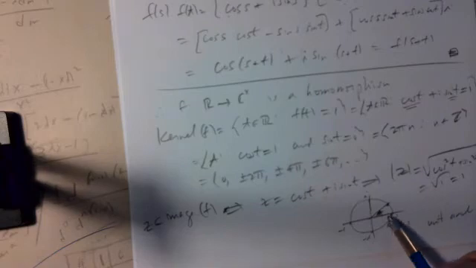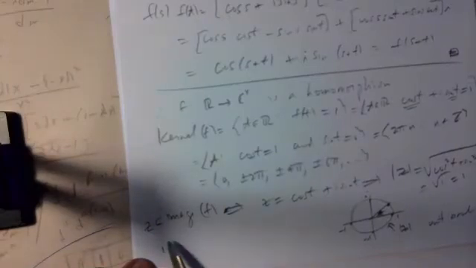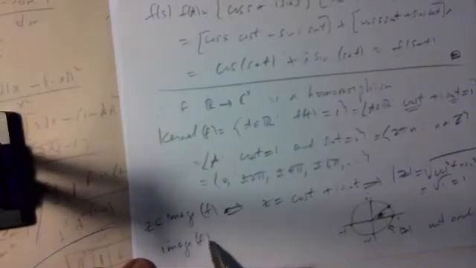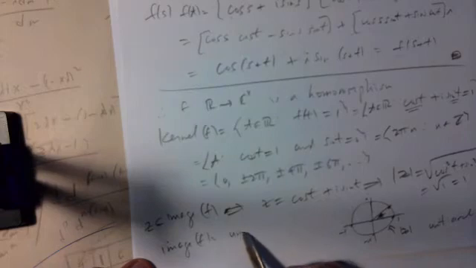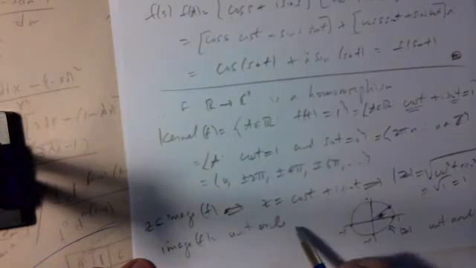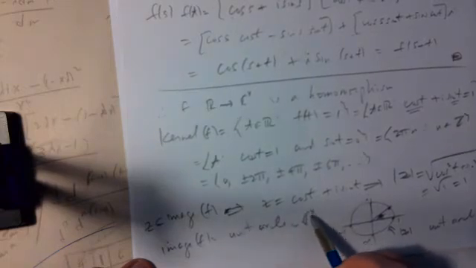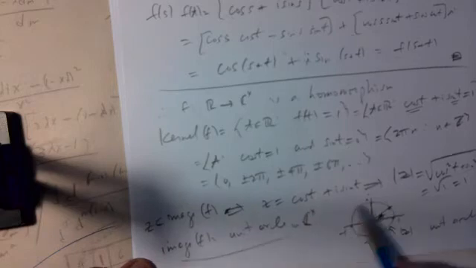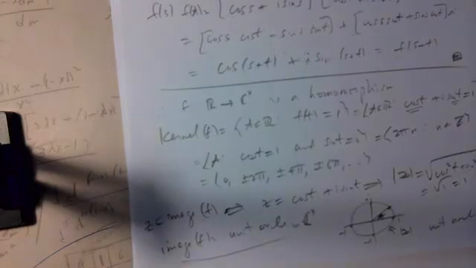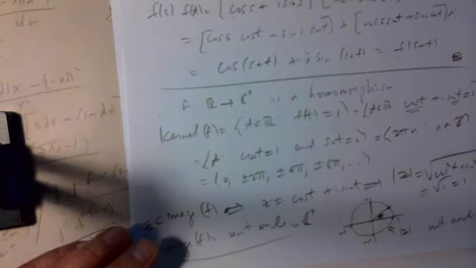So every point in the image is on the unit circle, and every point on the unit circle is in the image. So the image of f is the unit circle in the complex plane, all complex numbers of absolute value 1.